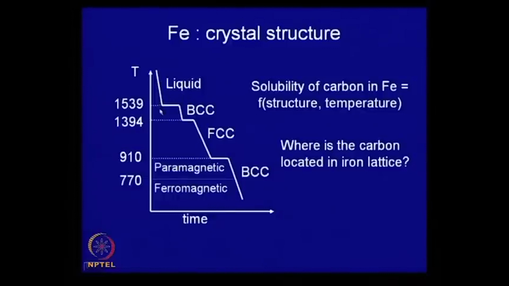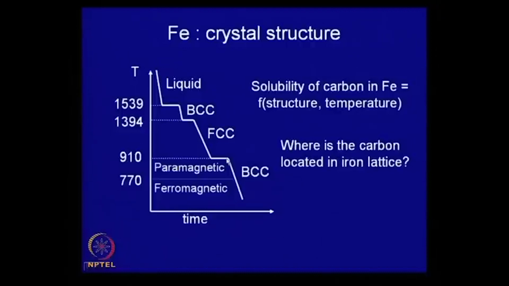These steps represent equilibrium, the first one between liquid and solid, and the next represents equilibrium between two solid phases, and this also represents an equilibrium between two solid phases.